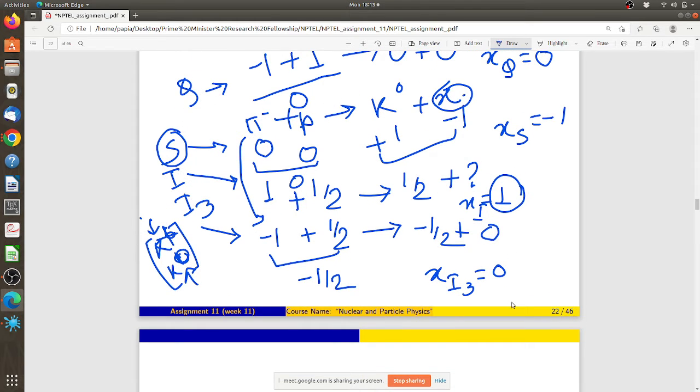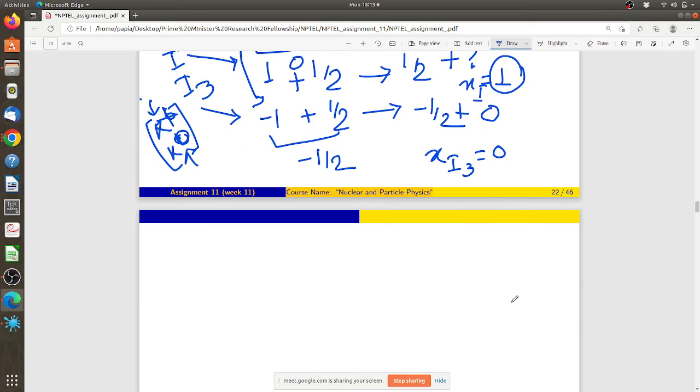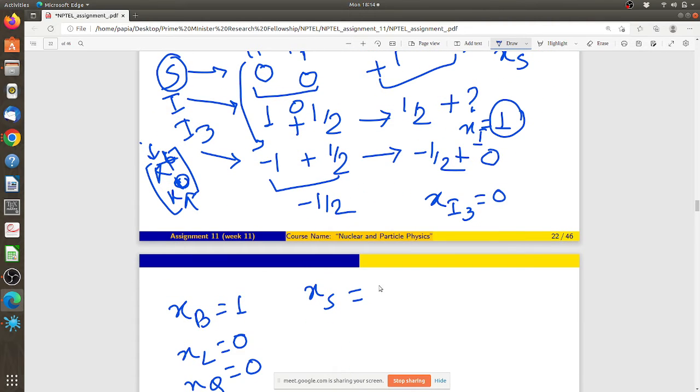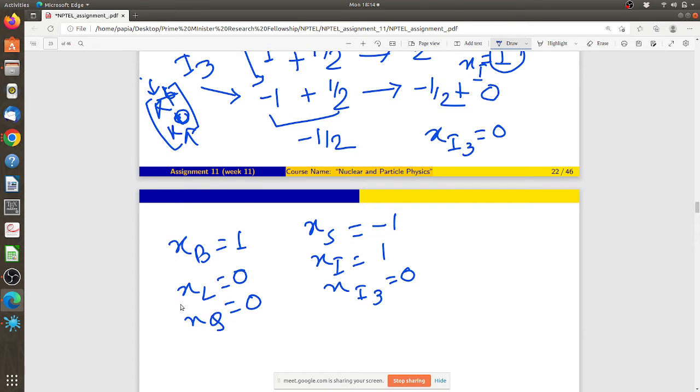So from those 6 quantum numbers, what I have found is X of B is 1, X of L is 0, X of Q is 0, X of S is minus 1, X of I is 1, X of I3 is 0. So these 6 conditions I got, and one more condition I need: the quark content.